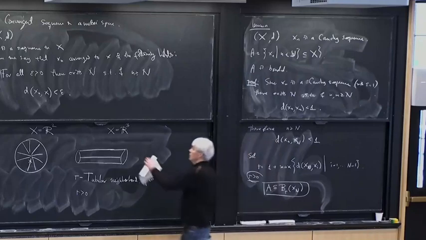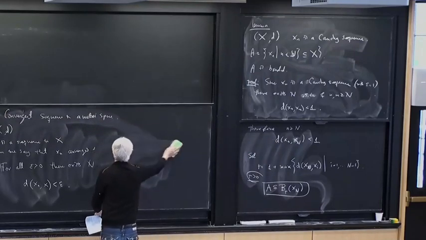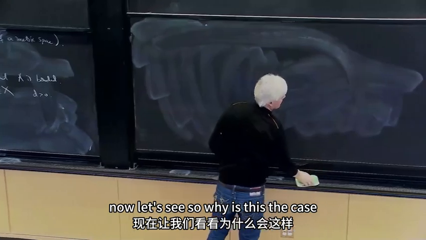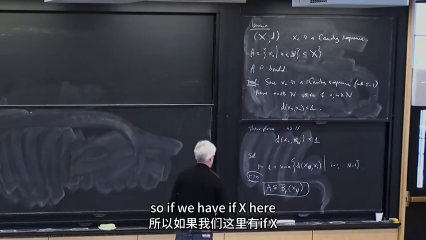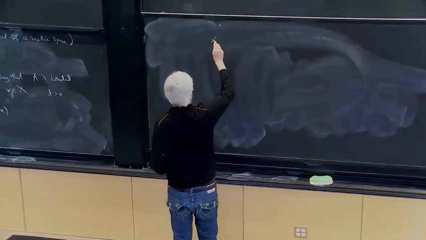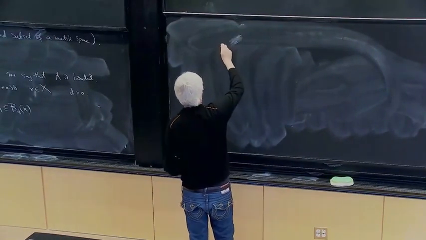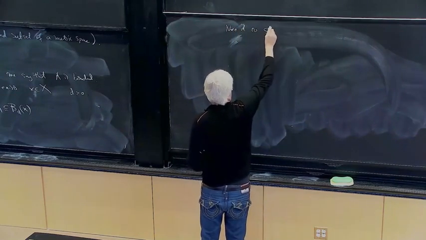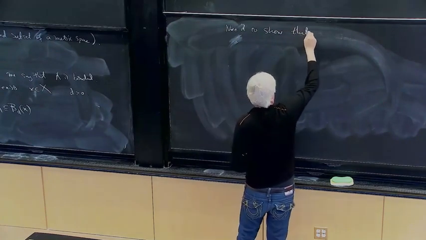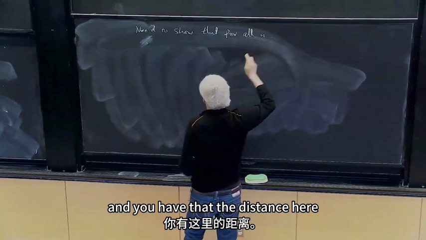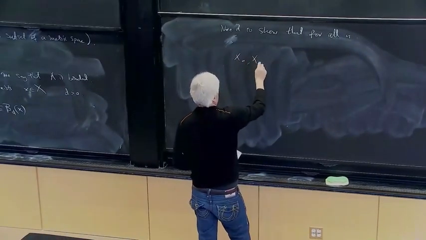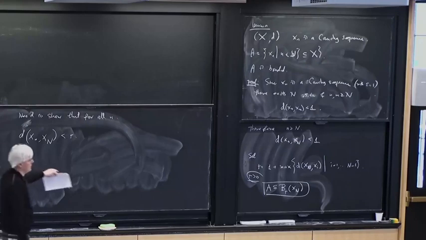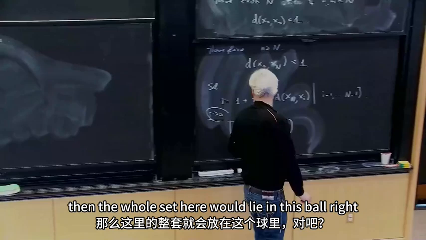Okay. Now let's see, why is this the case? We need to show that for all n, the distance from x_n to x_N is less than r, right? If that's the case, then the whole set would lie in this ball.